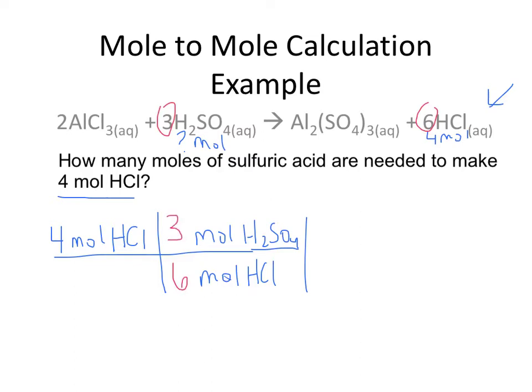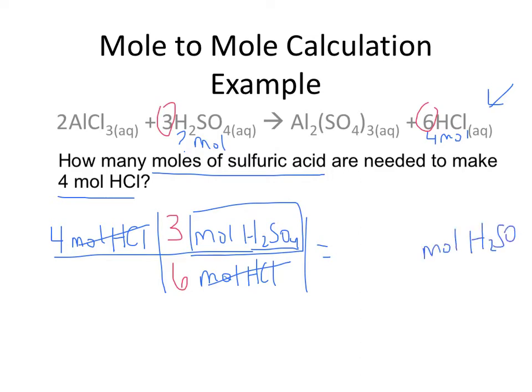After we have done that, we cancel our moles of HCl. We're left with moles of H2SO4, which is what we want. So we are done. We already have our units that we want. Now we just have to do the math.